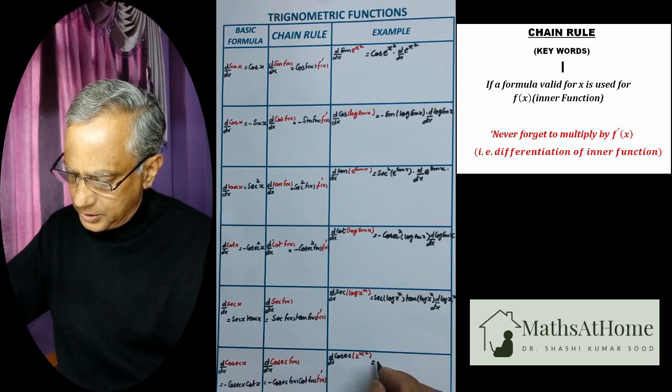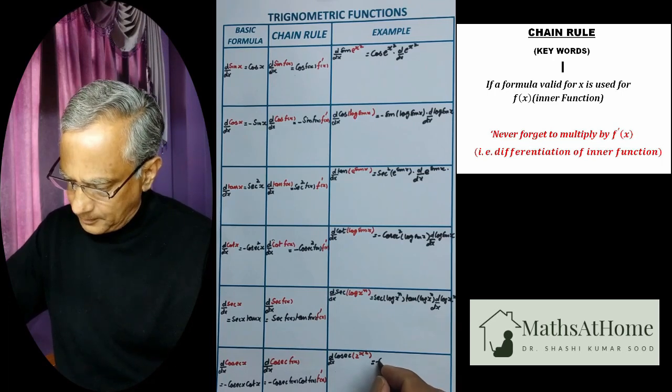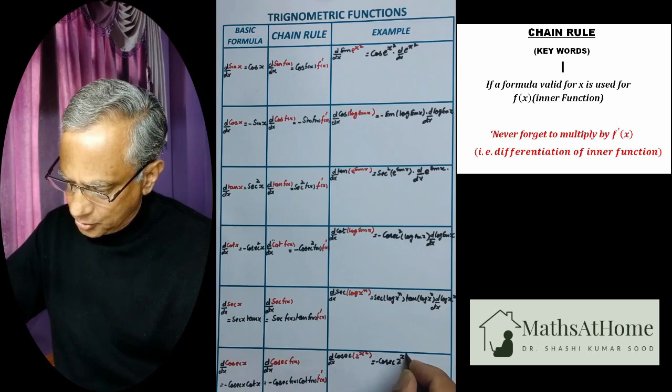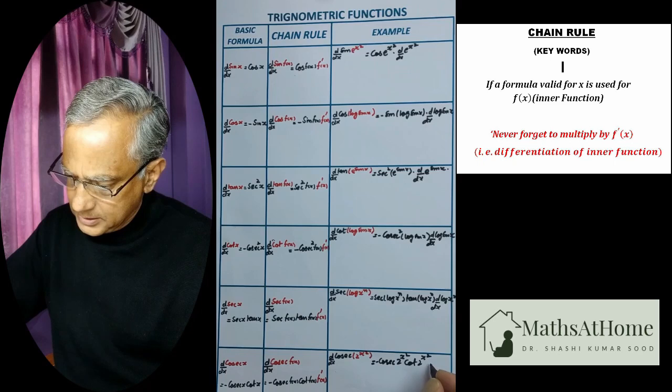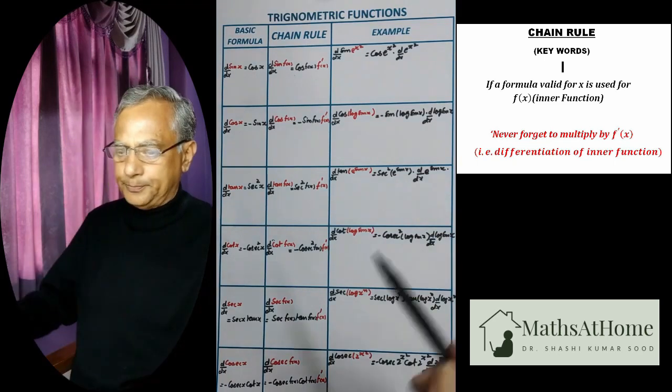Now differentiation of cosecant is minus cosecant fx cotangent fx, so here it is minus cosecant 2x square cotangent 2x square into d by dx of 2x square.